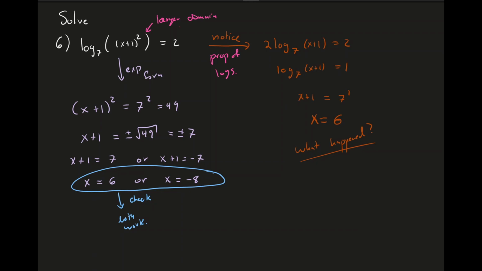This one corresponds to x is strictly greater than negative 1, or x is less than negative 1. You can't have x being negative 1 because that's log of 0. This one over here has a new domain restriction of x is only greater than negative 1, giving us only that 6 solution. So that property of a logarithm changed the domain of the function in such a way that it took away a solution.